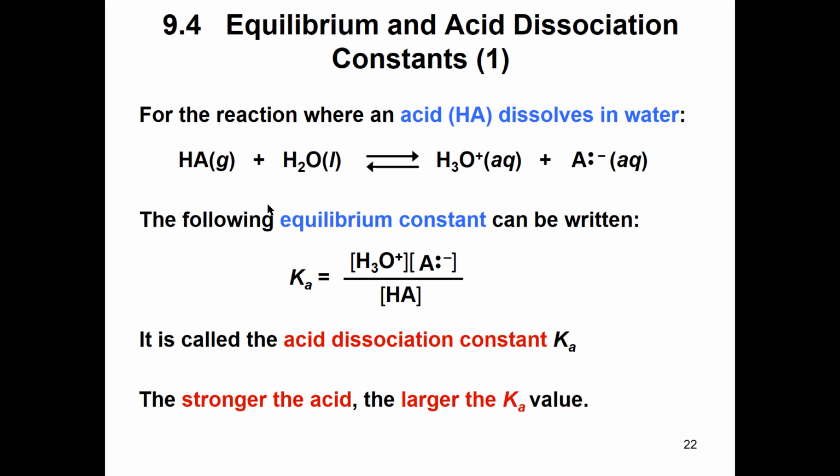So the following equilibrium constant can be written because it's concentration of product over concentration of reactant. Then it's concentration of H3O plus times concentration of A minus, the two products, divided by concentration of the acid, HA. And remember how H2O is omitted from the equilibrium constant because it's a liquid.